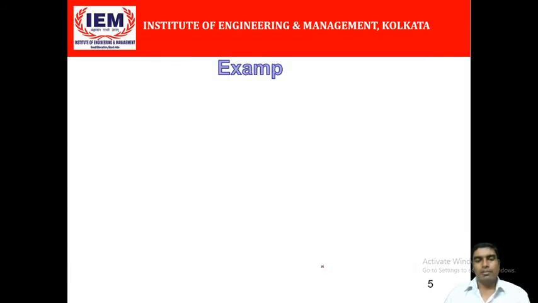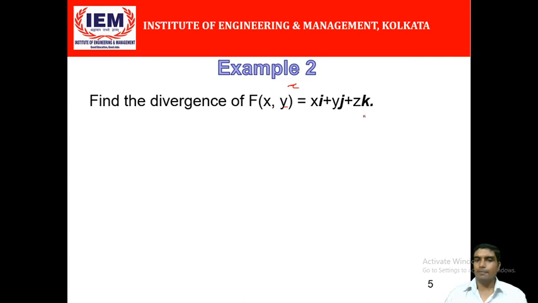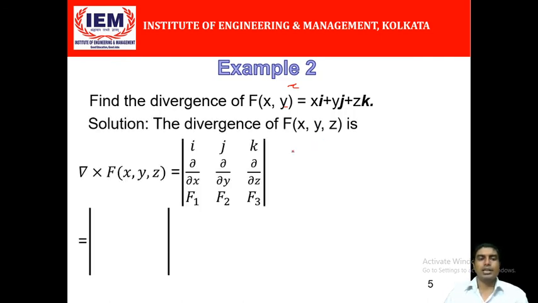Now another example. Suppose we have this simple vector, f of x y z equal to x i plus y j plus z k. In this case I get this determinant, where f1 is equal to x, f2 equal to y, and f3 equal to z.